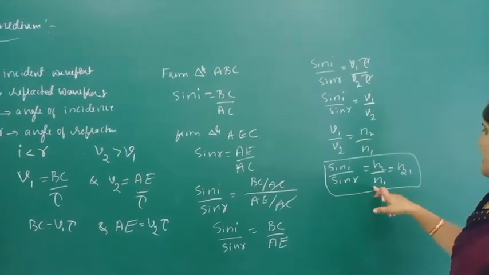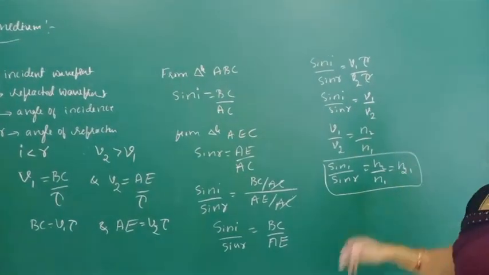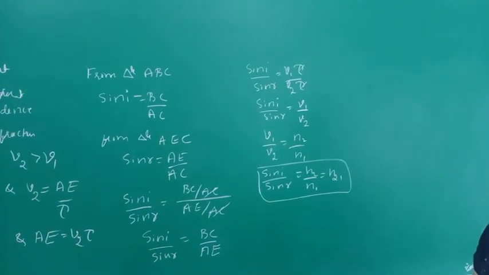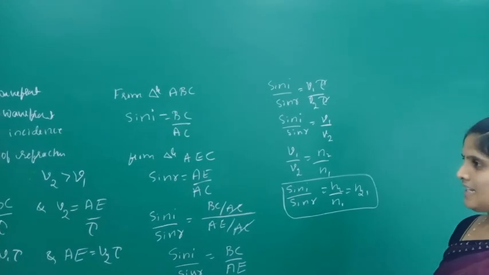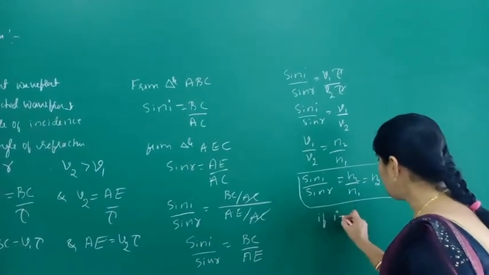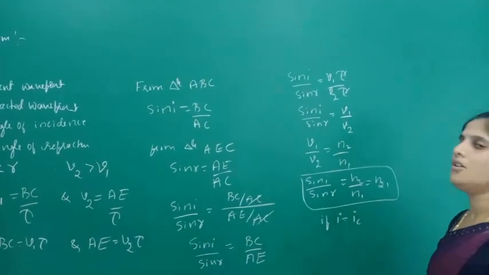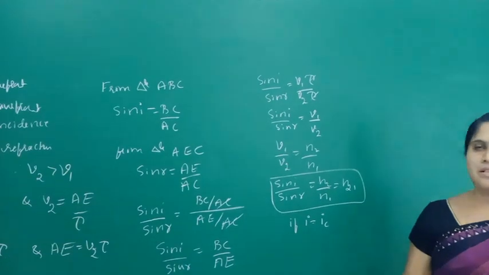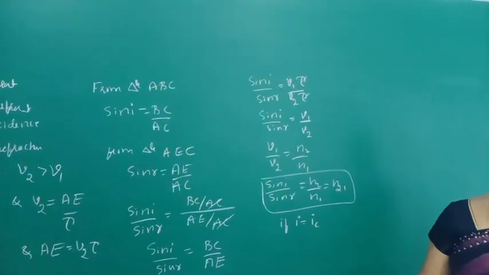Okay, so sin i by sin r is equal to n2 by n1. Here we observe a special case, that is, if i is equal to ic. What is ic? ic is the critical angle. In ray optics we define the critical angle. What is the critical angle?